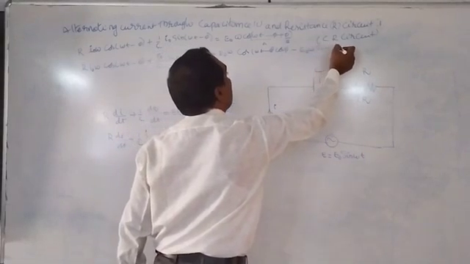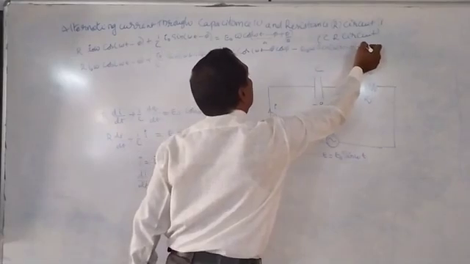Sin A, that is sin(omega t minus phi) sin phi.